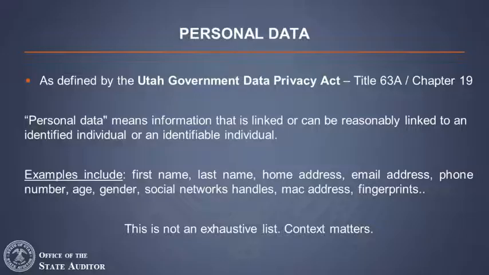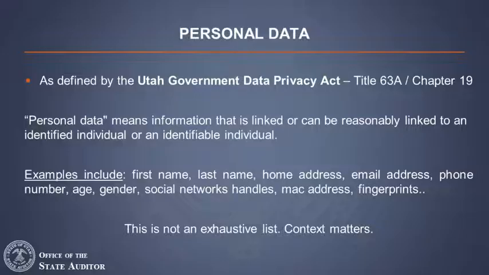Examples include first name, last name, home address, email address, phone number, age, gender, social network handles, MAC address, fingerprints, and so on. Personal data is not an exhaustive list of data elements, as it depends on the context and how these data elements are used together.